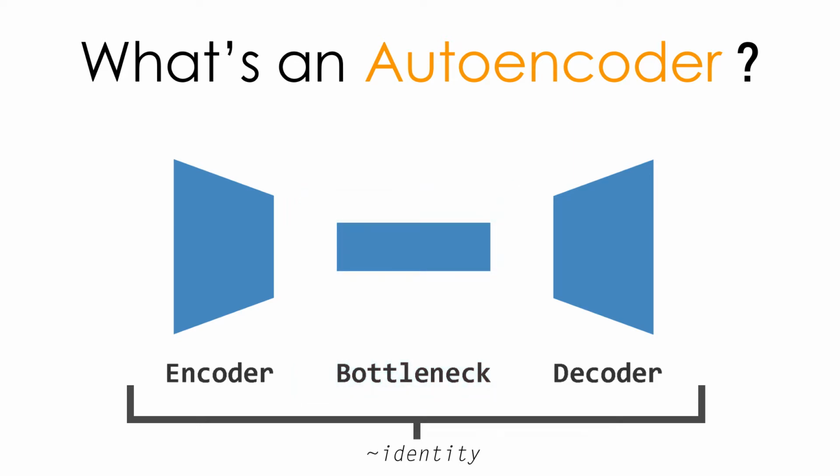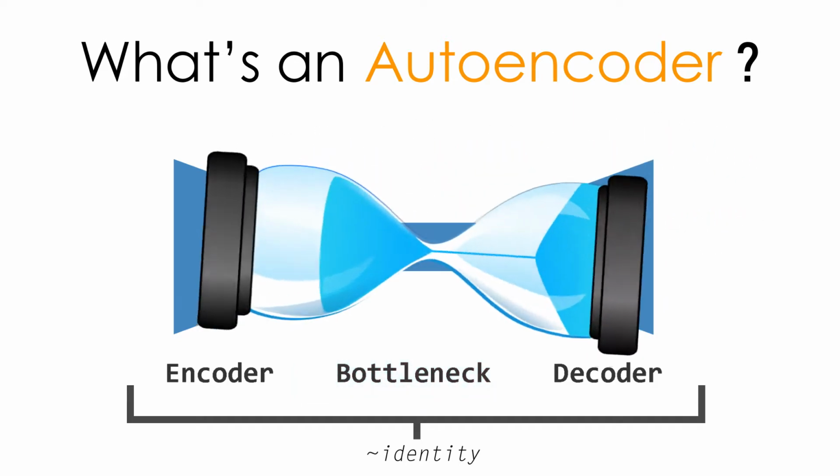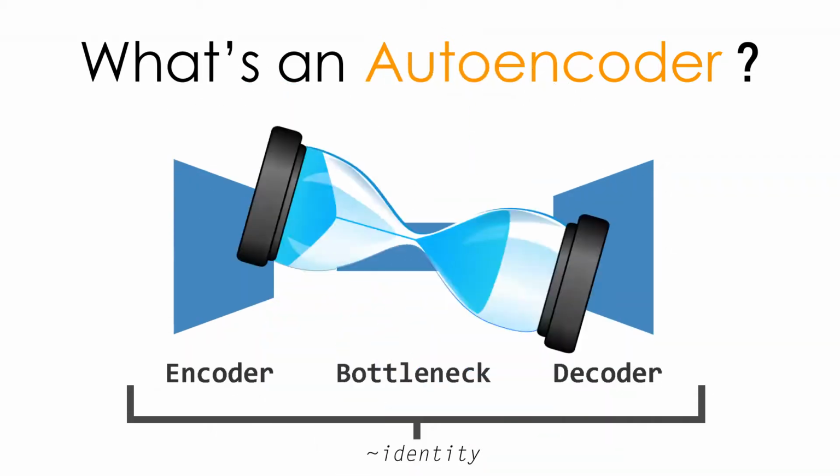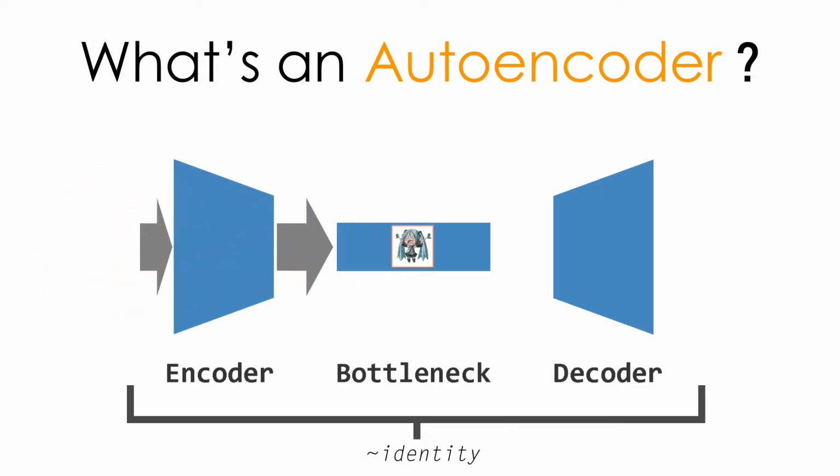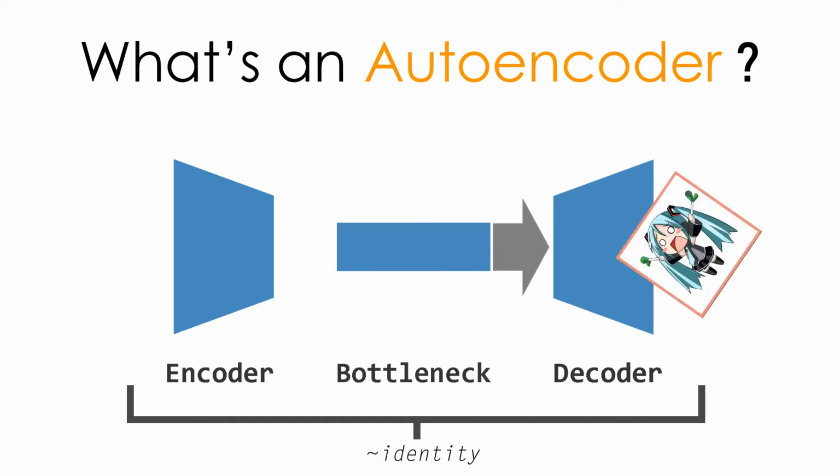By now, you might have noticed the hourglass shape of the autoencoder. This hourglass shape accounts for the fact that as the input goes through the encoder, its dimension is reduced, and then when it goes through the decoder, its dimension is scaled up again.